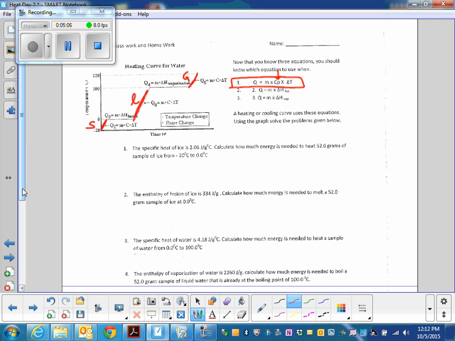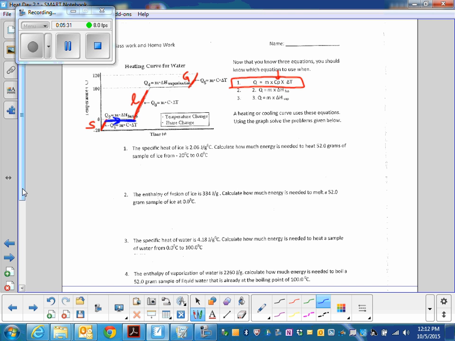So if you are given information in the form of a table, when the solid is heating, you will choose which one? The specific heat of the solid. Is that right? If it's a liquid, you should know to choose that for a liquid. Is that understood? Now, along the flat line, here it is melting, going in this direction.